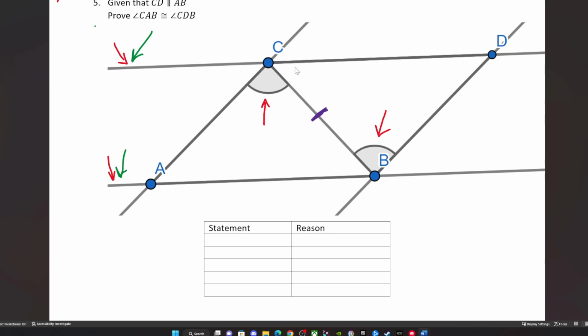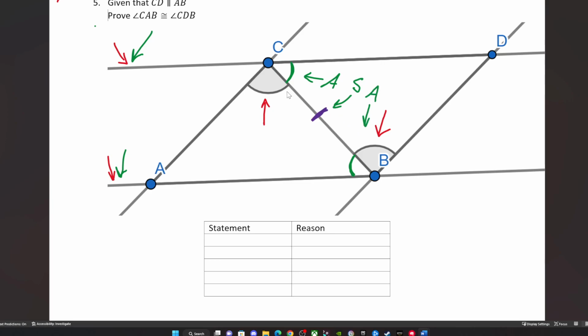Would it be nice if I got that this angle was the same as this angle? If I'm able to show that these two angles are the same, notice I would get angle, side, angle.